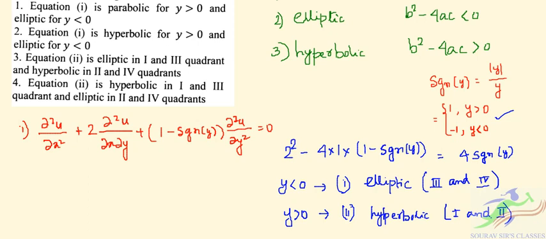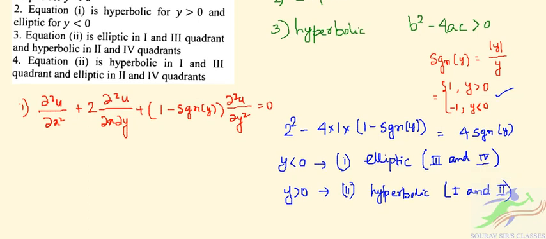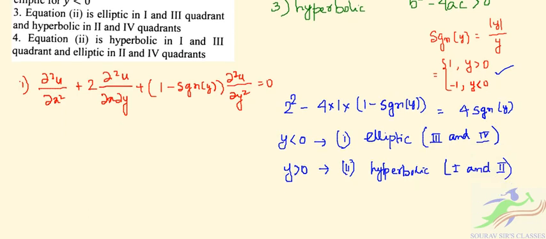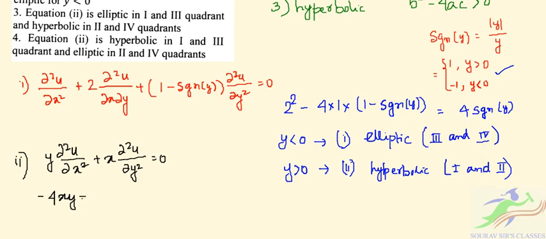Now check with the second partial differential equation. It is given that y of del 2u del x square plus x of del 2u del y square equal to 0. Okay. b square minus 4ac will be simply minus 4xy.